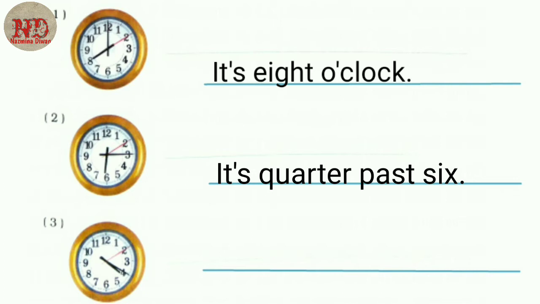Now in the third clock, what time is it? In this clock, a short hand is at 4 and a long hand is at 4. Both hands are at 4.